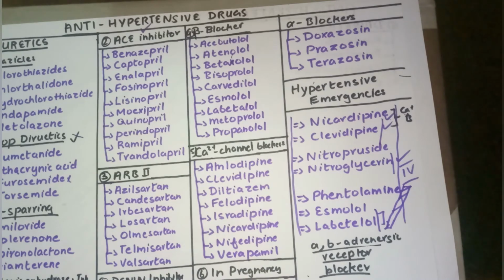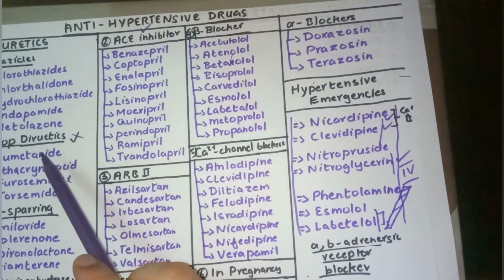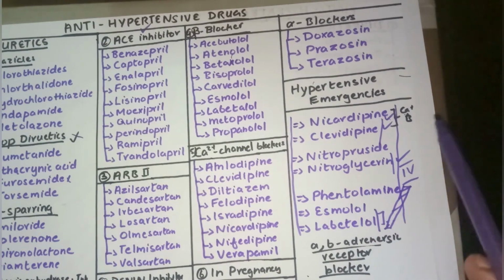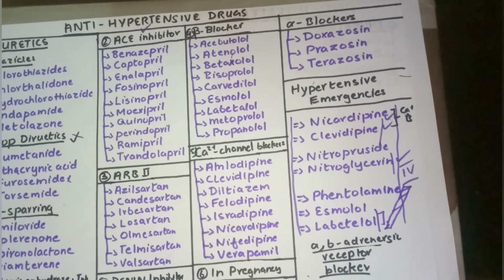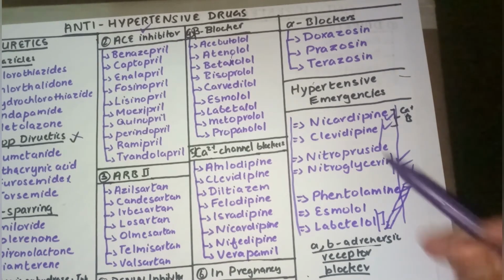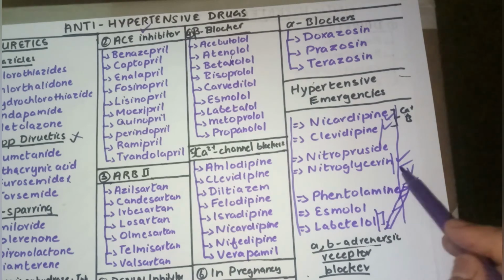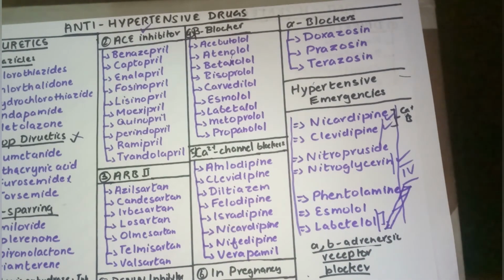So it is better to give less side effect drugs like ACE inhibitors and loop diuretics. If someone has an emergency, then you can use these, but only for 2 days or even 1 week. Okay, but not every day. So if someone comes to you with 200 by 120 blood pressure, then you can just give him nitroglycerin or labetalol injection or clevidipine injection, anything, it will work.